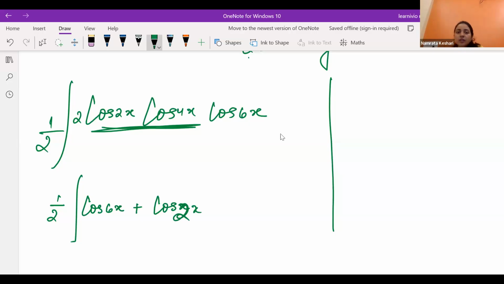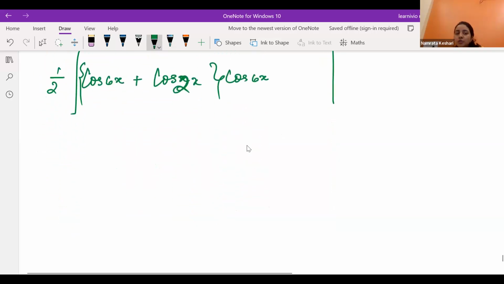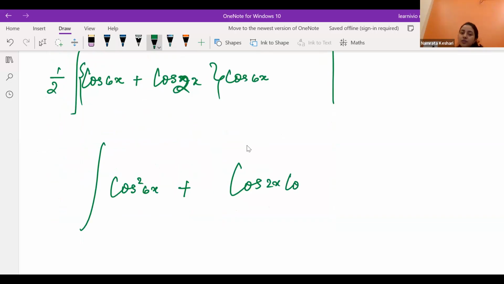Yes. Okay. Now this cos 6x we are still having. That's what you are learning over here, how to use the identities. If we apply the distributive property, here we will have cos square 6x, and here we'll have cos 2x into cos 6x.